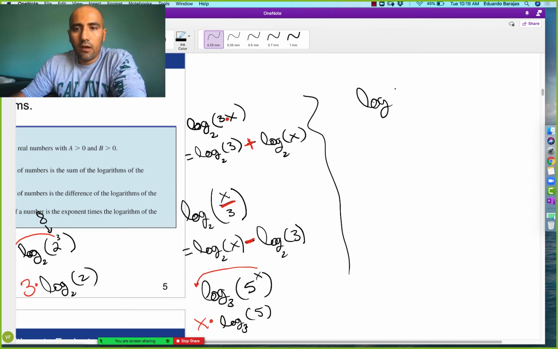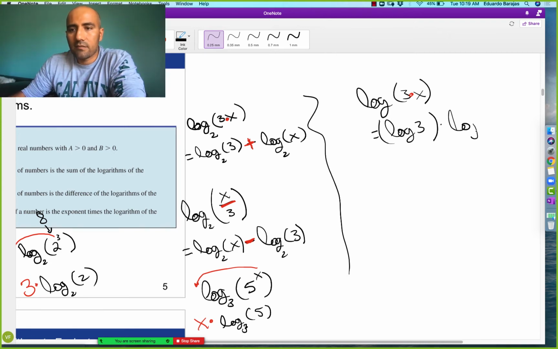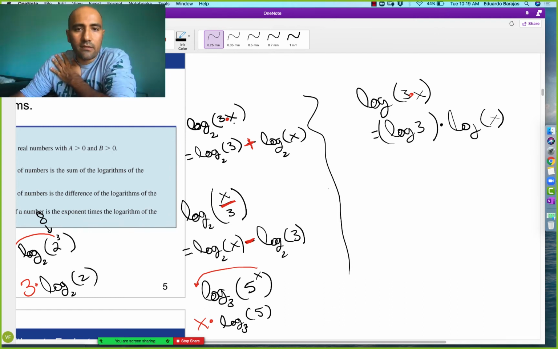They see log base 3x and they see that there's multiplication in here, so they think that this is equal to log base 3 times log base x. Right? And that's not true. When we have a multiplication in there, that turns into addition of two logs. Not this way. That's not true.